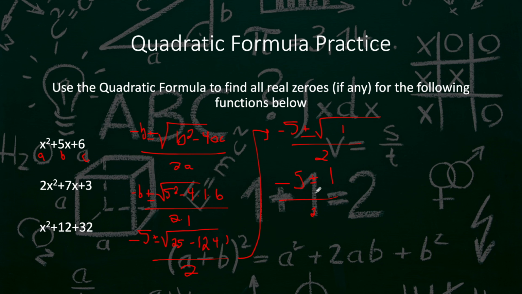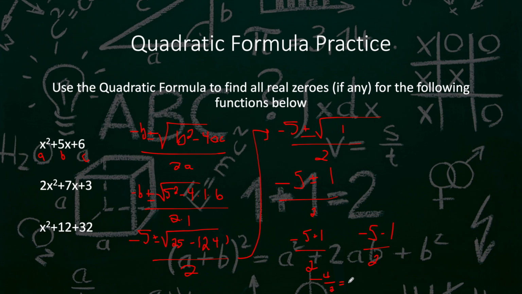Now once we get to this step, we have two types of equations. We have negative 5 plus 1 over 2 and negative 5 minus 1 over 2. That's what this plus or minus means. So doing that, we have negative 5 plus 1 over 2, and we have negative 5 minus 1 over 2. Doing this side first, we get negative 4 over 2.